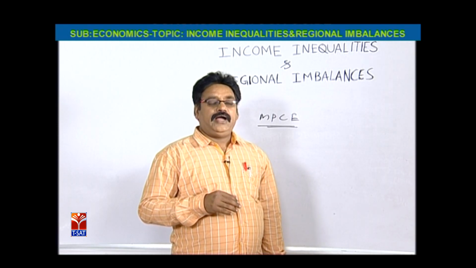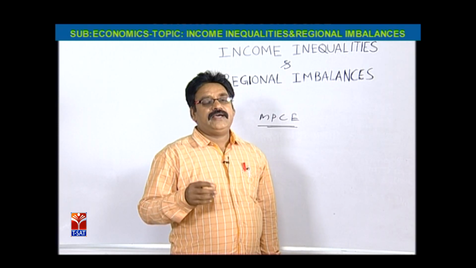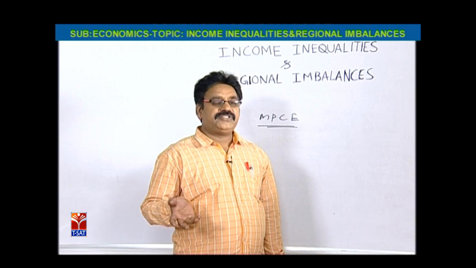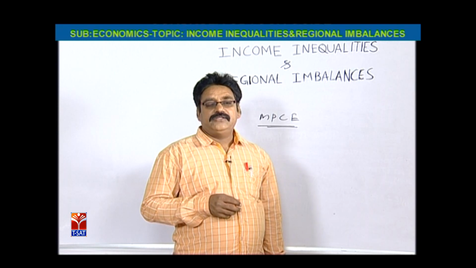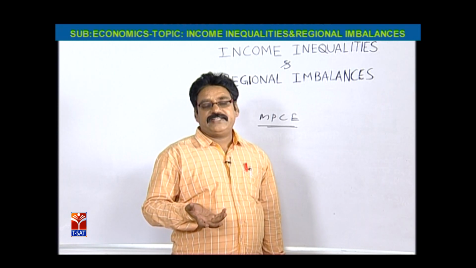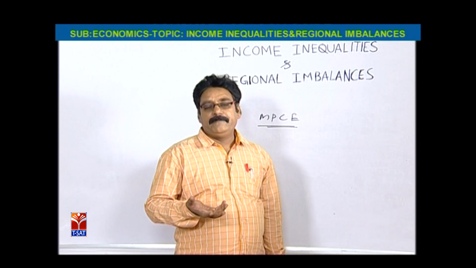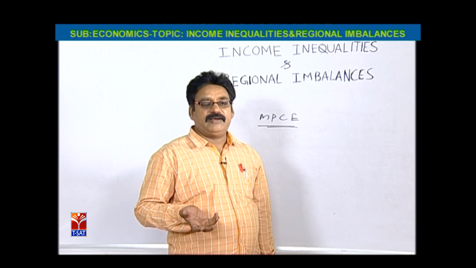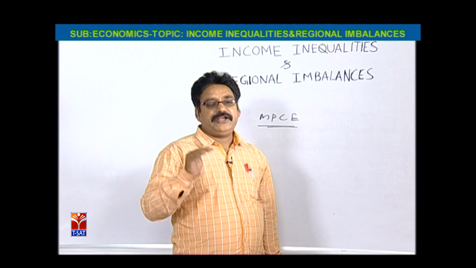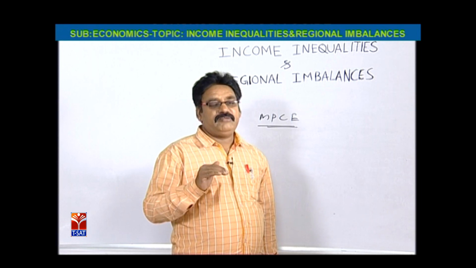Along with this, health, education and training should be provided to the people in that area, so that they can increase their productive skills, improve their living standards and improve their income levels, so that regional imbalances can be reduced.